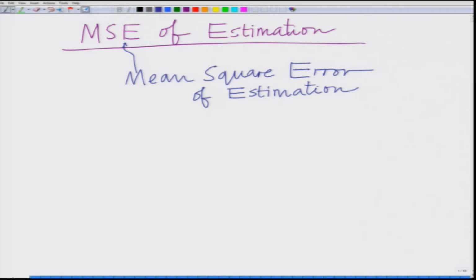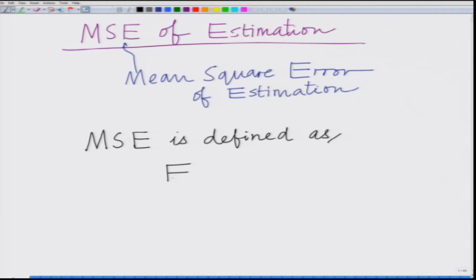For the parameter h, we know that the MSE, the mean squared error, is defined as the expected value of (h hat minus h) whole square.